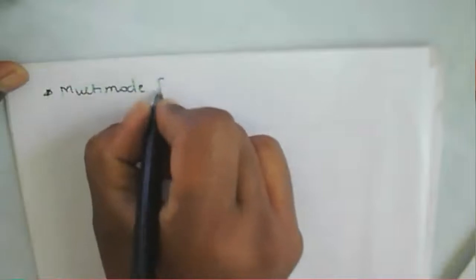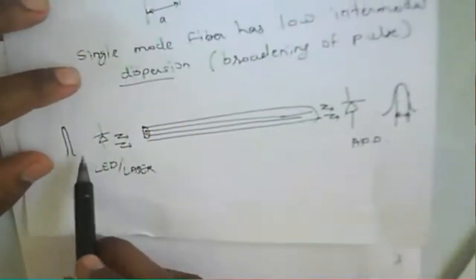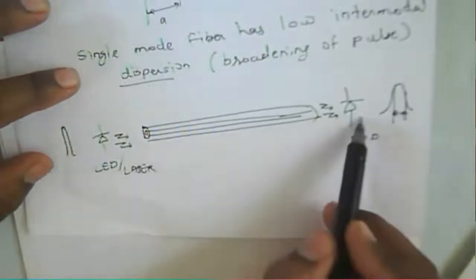Now we consider that our fiber is a multimode fiber, instead of a single mode fiber. What happens if it is a multimode fiber? As we said earlier, pulse broadening takes place. Why does it take place?